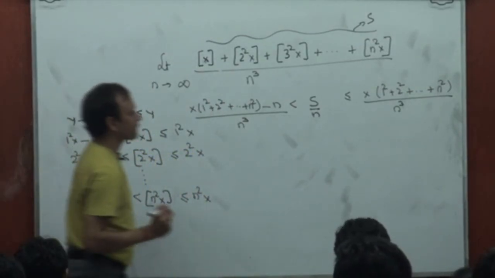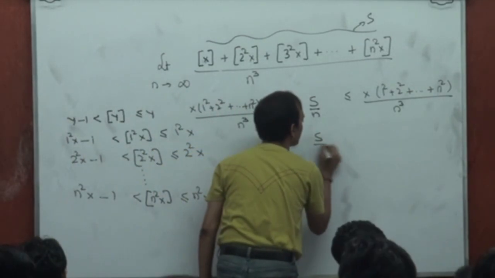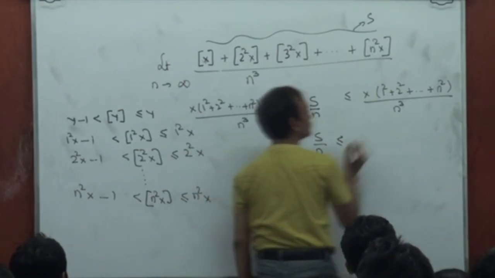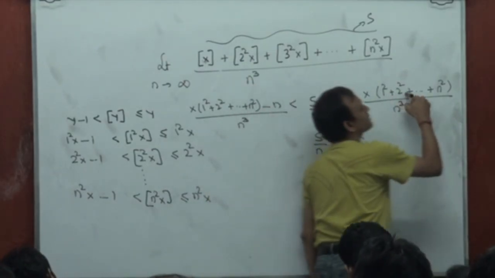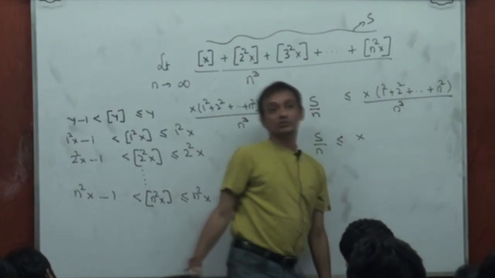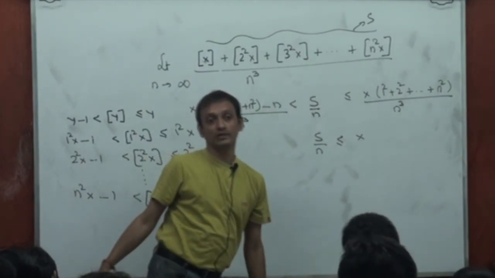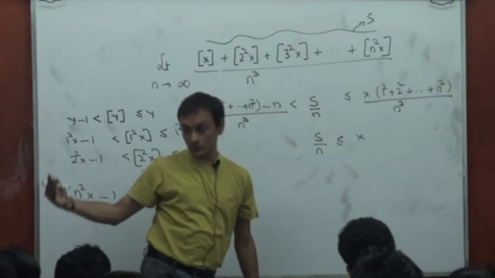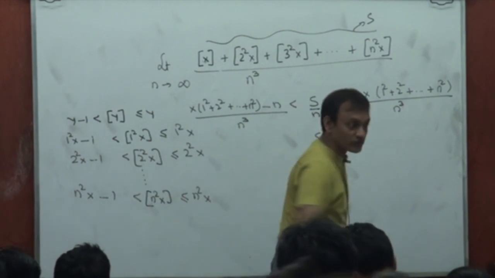Right? So I have S by n cubed less than or equal to x into 1 squared plus 2 squared plus up to n squared, which is n into n plus 1 into 2n plus 1 by 6. Right? Sum of the squares of the first n natural numbers.